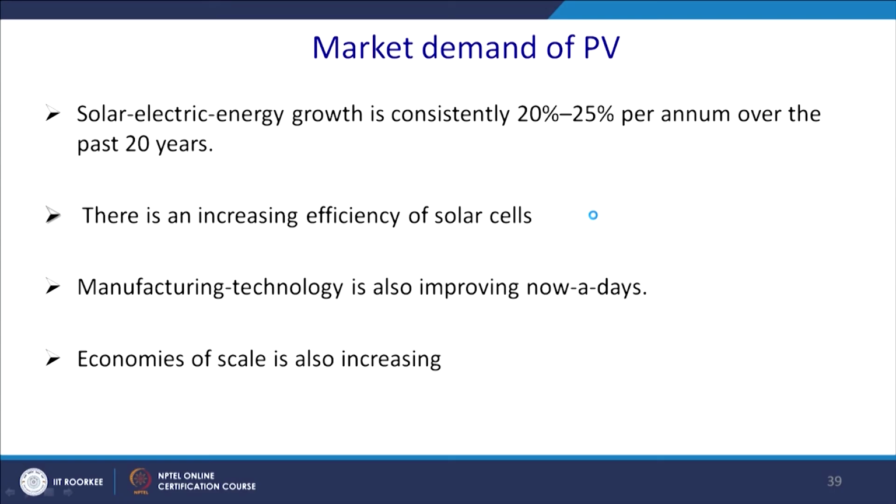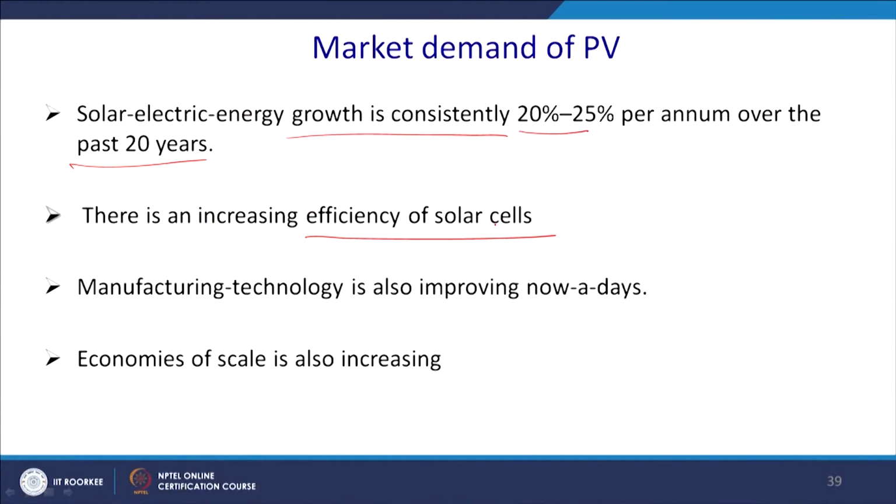There are a few features of the solar market, and for this we require huge demand for solar inverters, and thus power electronics engineers. The solar electric energy growth is constantly 20 to 25% per annum over the past 20 years.